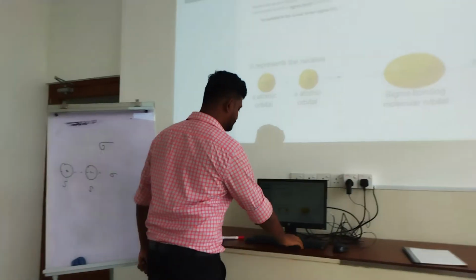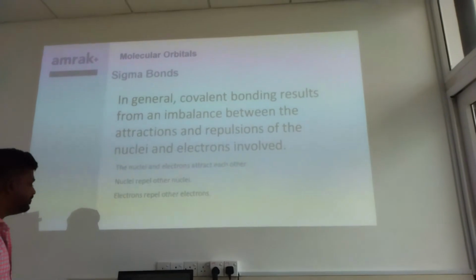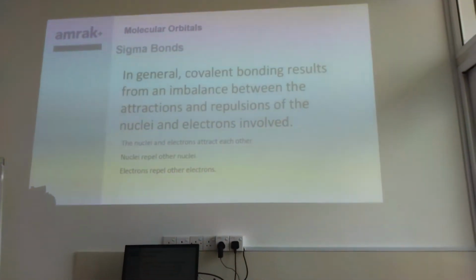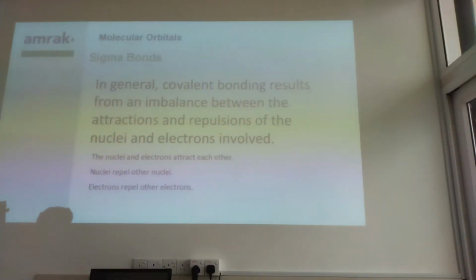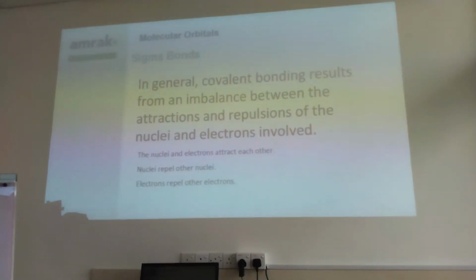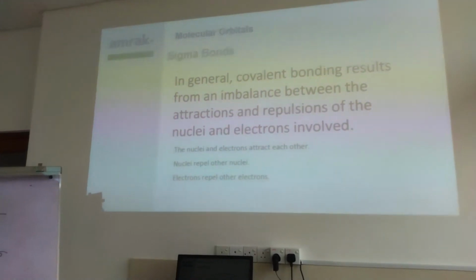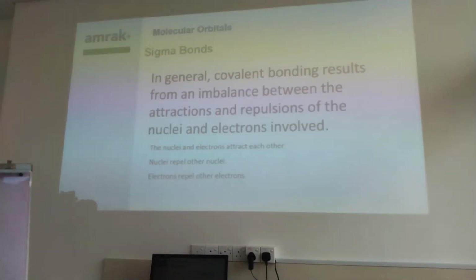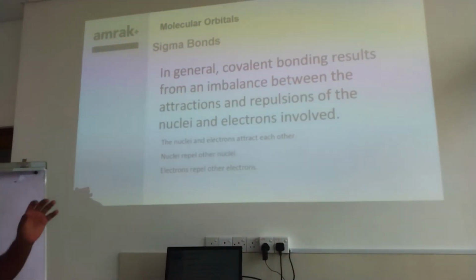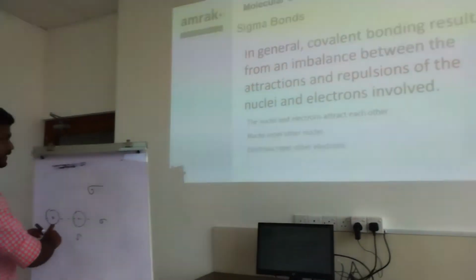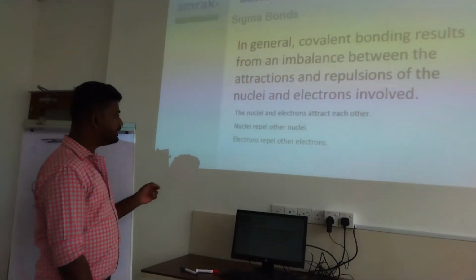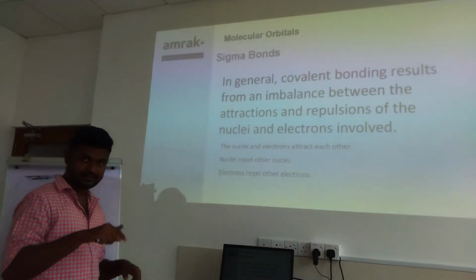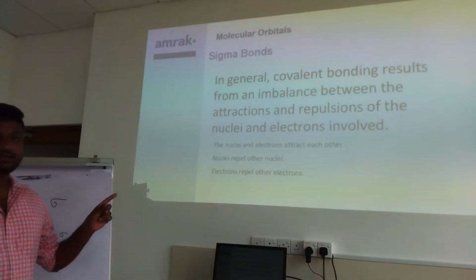Sigma bond, in general: covalent bonding results from a balance between the attraction and repulsion of the nuclei and electrons involved. So the nuclei and electrons attract each other. Nuclei repel other nuclei, like when two nuclei come together they repel, right? Because of same charges. And electrons repel other electrons, again the same charges, but electrons and nuclei attract, right?